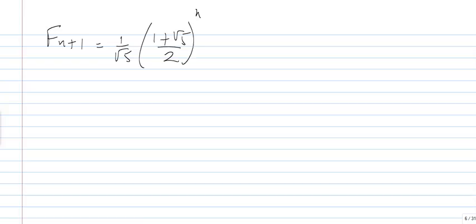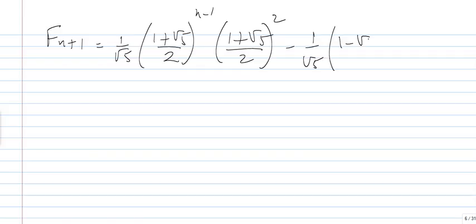Which tells me that f_{n+1} equals 1 over square root of 5 times (1 plus square root of 5 over 2) to the n minus 1, and now we have (1 plus square root of 5 over 2) squared. And the same goes for the other one: minus 1 over square root of 5 times (1 minus square root of 5 over 2) to the n minus 1, times (1 minus square root of 5 over 2) squared.